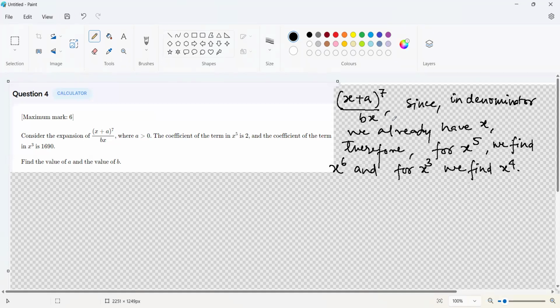So I need to increase my power for the numerator, because I'll automatically divide that with x of the denominator, which will make it the power that it wants.